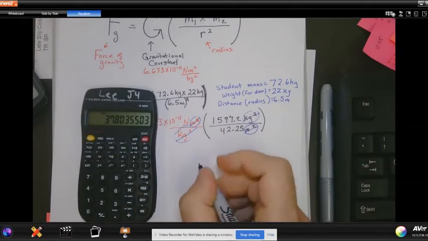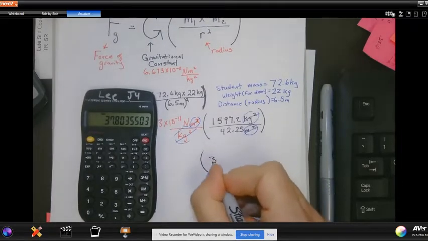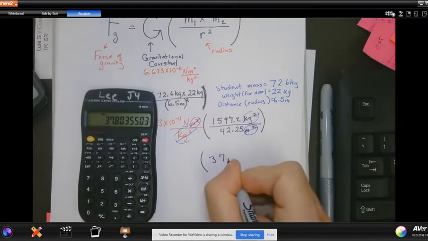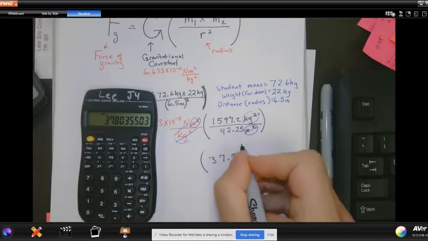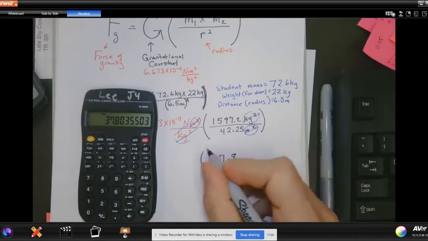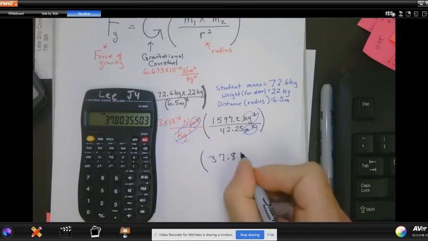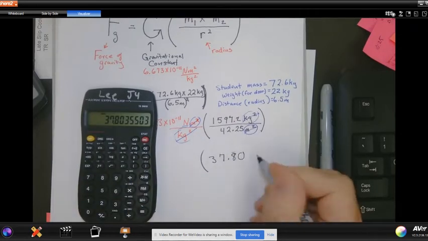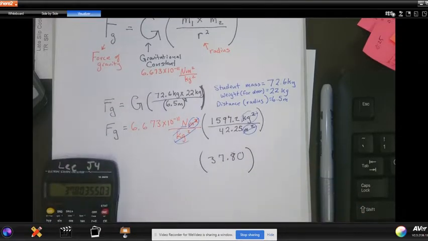So what I come to is an answer that looks like this: 37.8. And notice I've got 4 numbers as the least number over here, so I have to match it with 4 numbers. So I'm going to have to say 37.80. There are no more units there, so I don't need to write units. So we're just going to leave it like that.